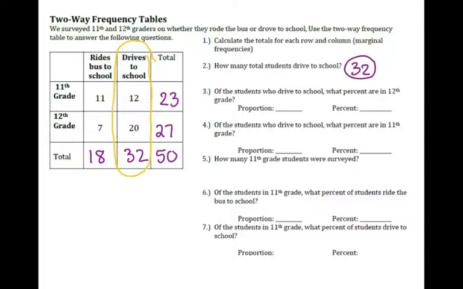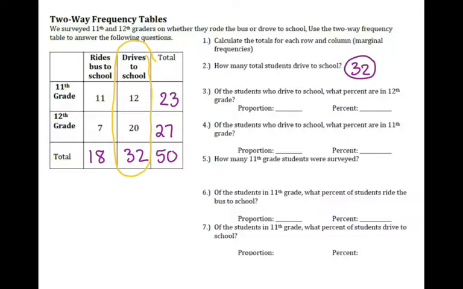Sorry, I misread the question. Of the students that drive to school, what percent are in 12th grade? So the ones that are in 12th grade is 20 out of the 32.